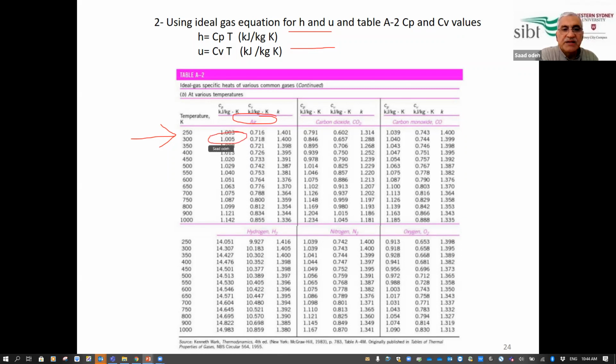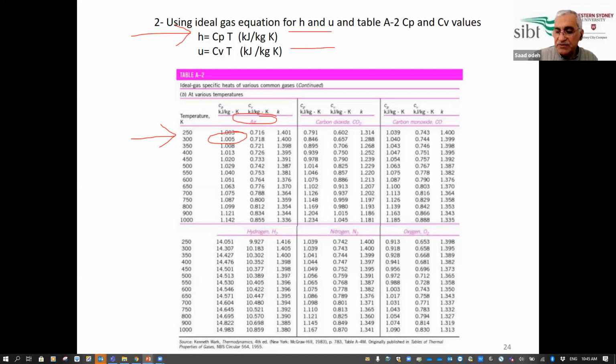If I multiply Cp times the temperature, I should get H based on this equation. The first equation says H is equal to specific heat multiplied by T. So specific heat is 1.00 multiplied by 300, which will give you around 301 kilojoule per kilogram. Okay, and this is the enthalpy.